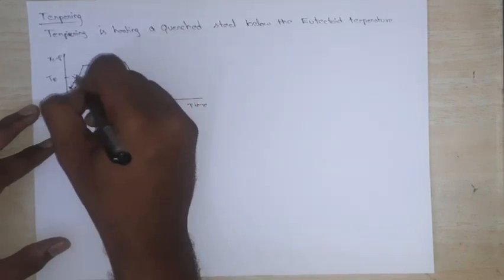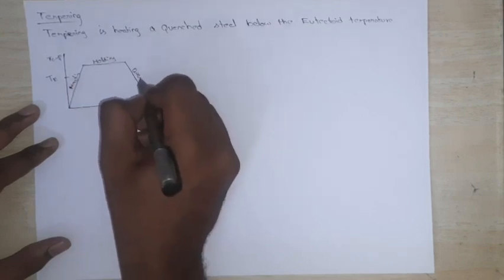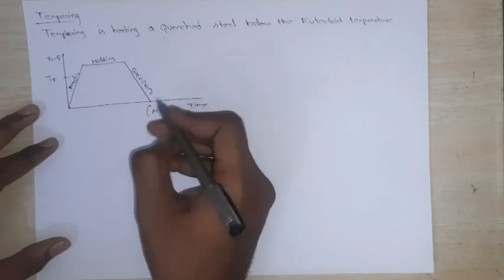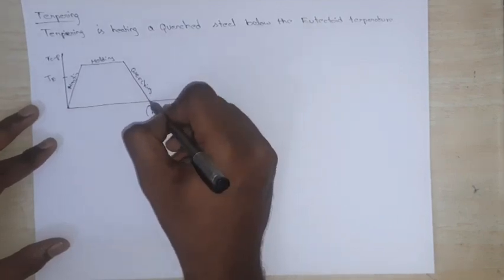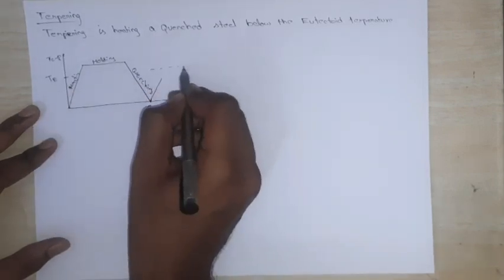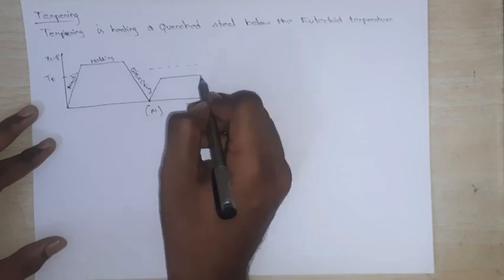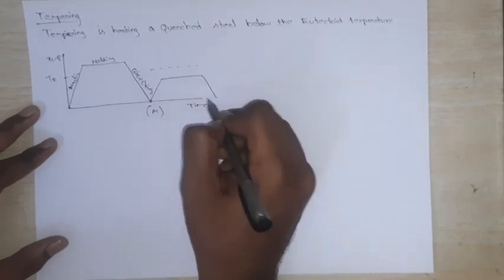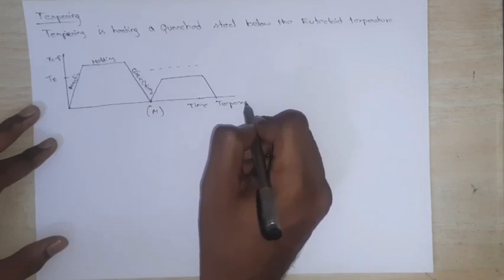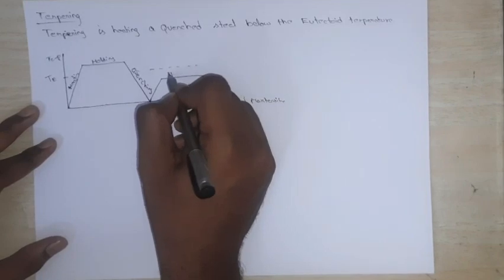This is heating, holding, and quenching. Here we produce martensite, and again heating to a temperature below the eutectoid temperature, holding again for some time, and then cooling gives us tempered martensite. This is tempered.